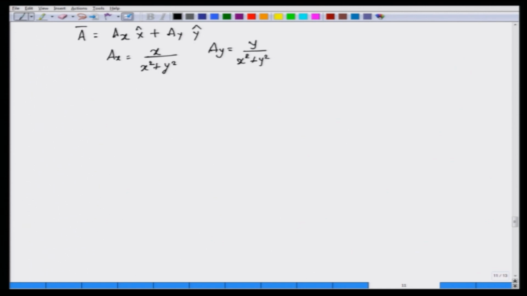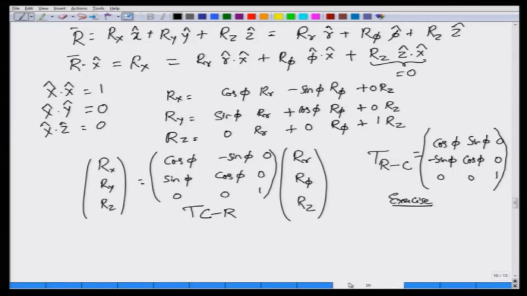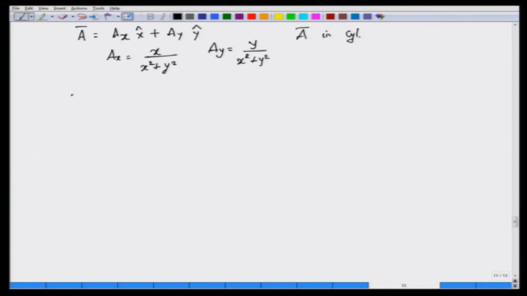Now, I want you to find the vector in the cylindrical coordinate system. How do I find it? I have to use the formula that I developed earlier. So, what is that formula? I have to use this transformation matrix. I know Ax, I know Ay, I know Az. Az in this case is 0, and then I have to find Ar, A phi and Az. Okay, let me proceed to find that out.